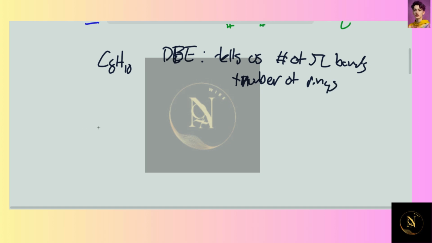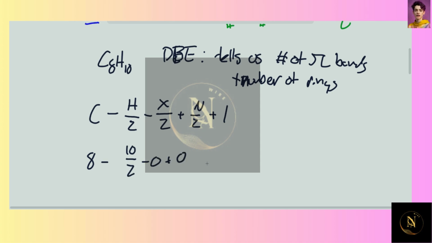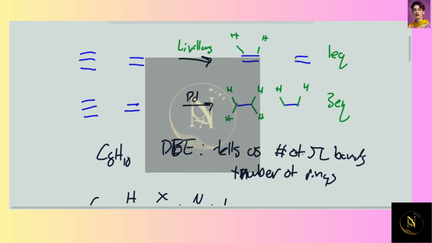Okay, and the formula goes carbons minus hydrogens divided by 2 minus halogens divided by 2 plus nitrogens divided by 2 plus 1. So in our case, that's 8 minus 10 over 2 minus 0 plus 1 equals 8 minus 5 plus 1 equals 4.